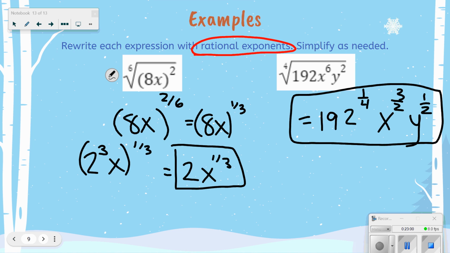But if you could, in the sense of if you had, here's a good example. If I had the 4th root of 32 and I needed to write this as a rational exponent, how else might I rewrite 32? What number to what power? What do I know about 32?